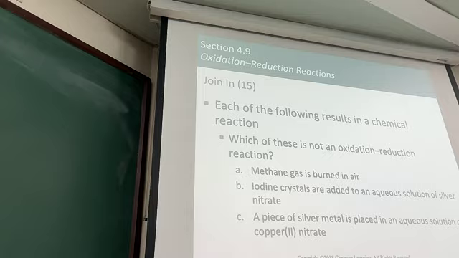Carbon is here -4, hydrogen is 1, oxygen is 0, 4, -2, 1, -2. Okay. So is it oxidation reduction reaction? It is, right? Carbon is getting oxidized, oxygen is getting reduced. Okay.